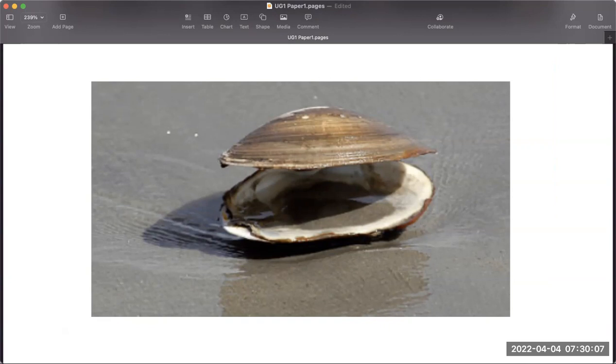Head is not distinct. Foot is ventral, muscular. Mantle is bilobed, consisting of paired right and left lobes. Gills or ctenidia are paired, one on each side.